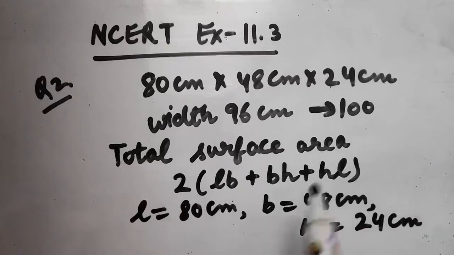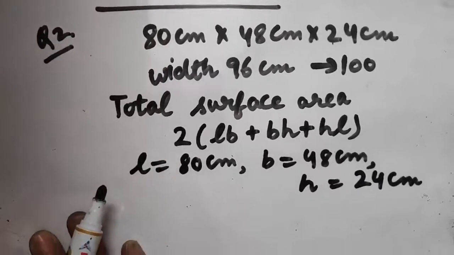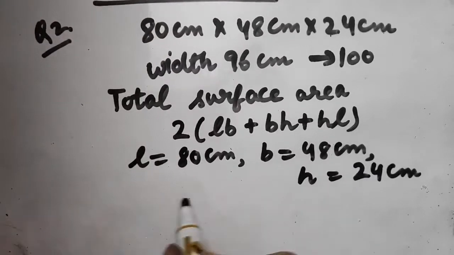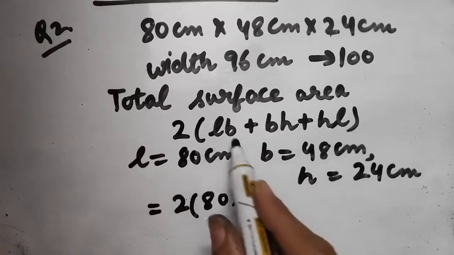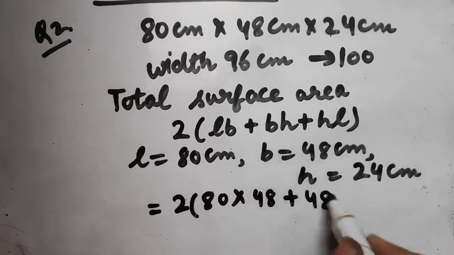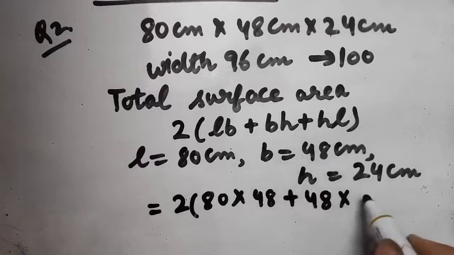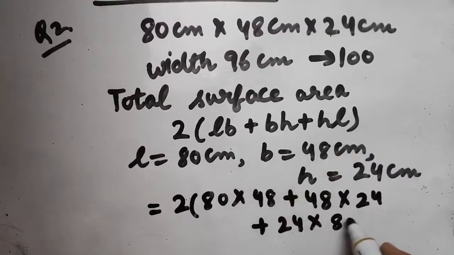So total surface area will be equal to 2 bracket L is 80 into B is 48, plus breadth 48 into H is 24, plus H is 24 into L is 80.